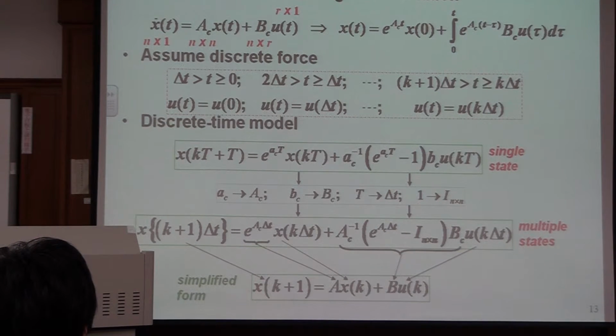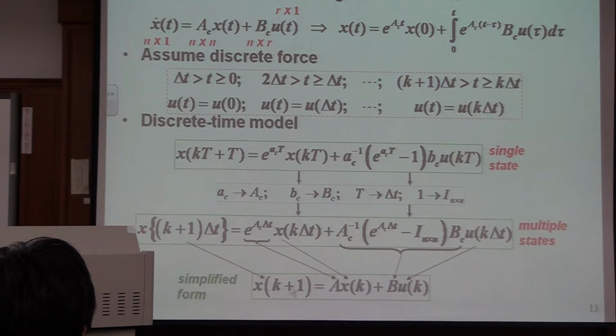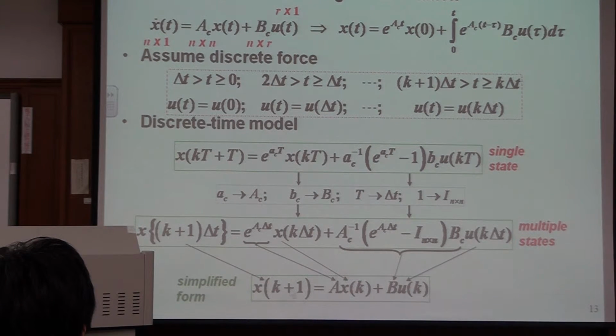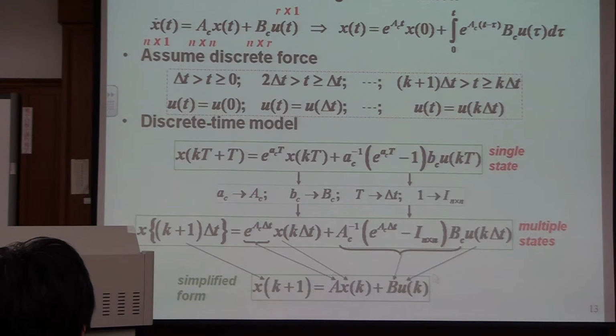This x(k+1) is equal to A times x(k), the previous state, plus B times u(k), the previous input. However, this u(k) has to satisfy the discrete nature, the chart I showed you in the last slide. If you satisfy that, then this is what we call the discrete time model.